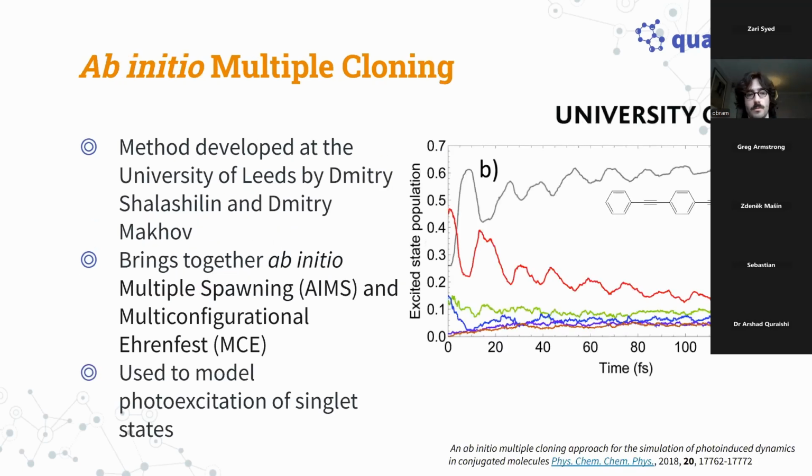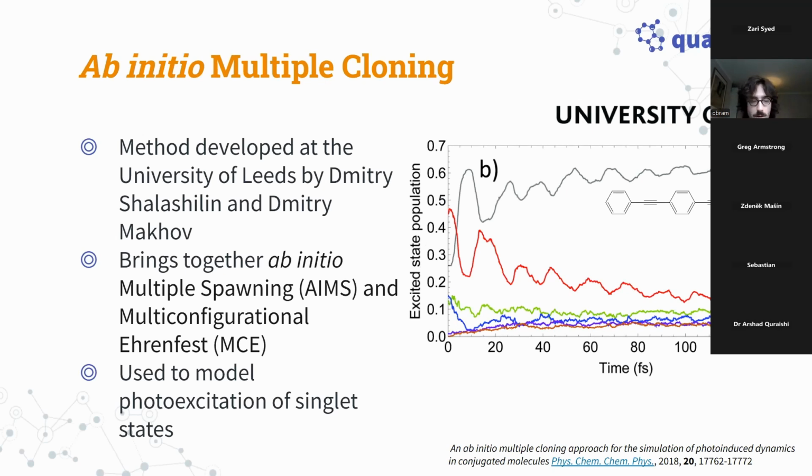So the method that is being used was developed by Dmitry Shalashilin and Dmitry Markov at the University of Leeds. It's the ab initio multiple spawning method, which brings together the multiple cloning method and MCE.